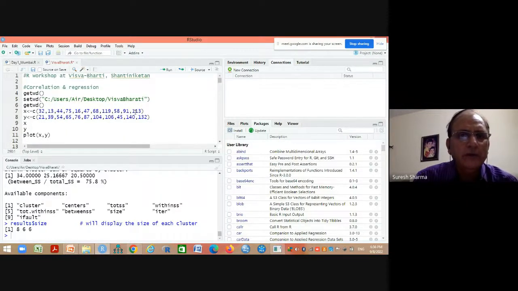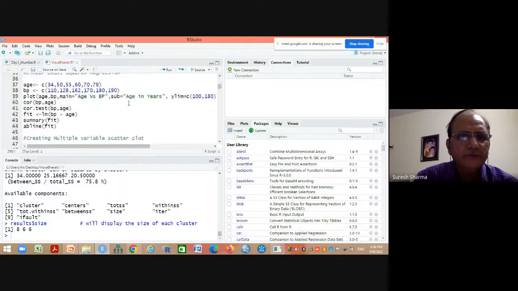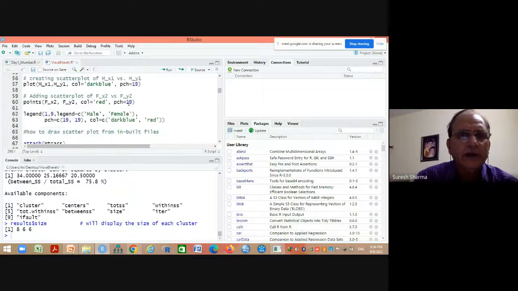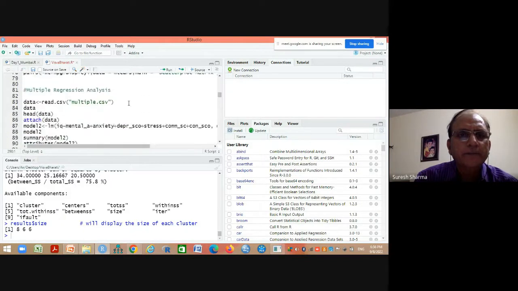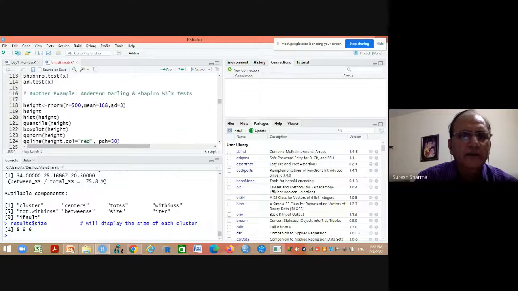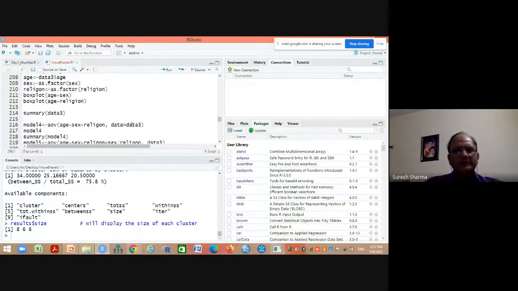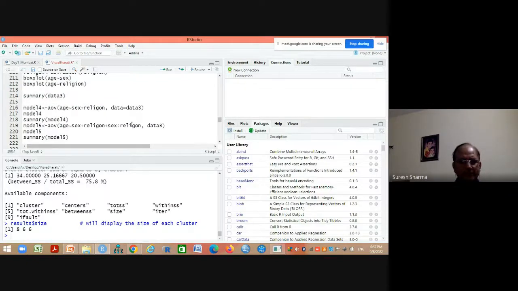You make a folder, like Vishwa Bharati or anything else, then you need to change the name, and I'll send you these files. The first file will be multiple.csv. Once you have that file, you will be able to open it. Then the test1 file, the clustering file, all these files will also be sent to you in Excel with CSV format. And you can try all this at your end. Is that okay?